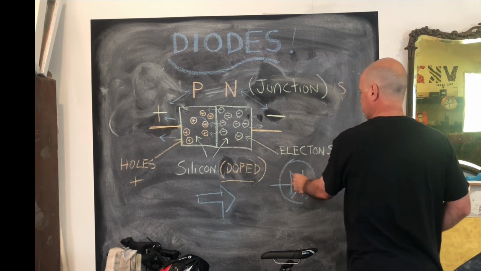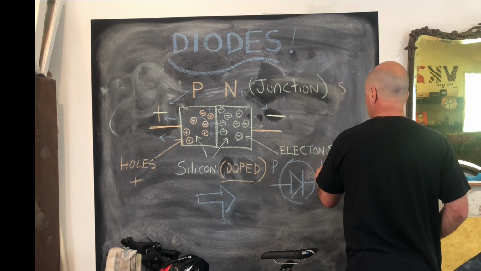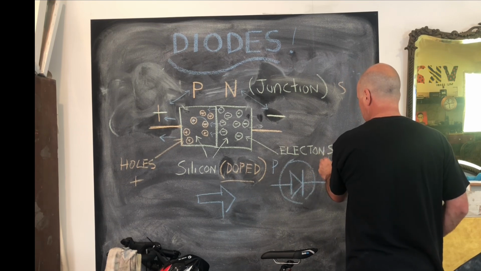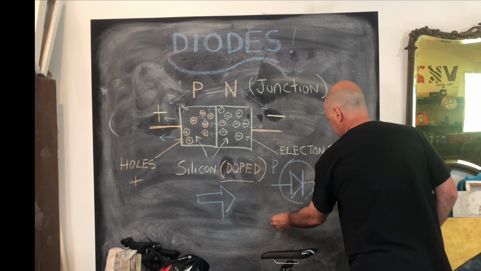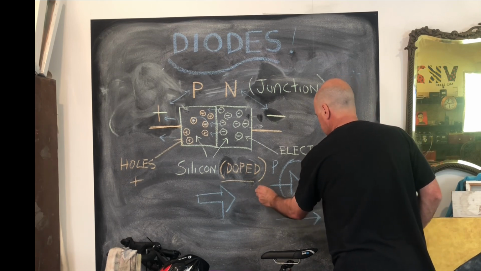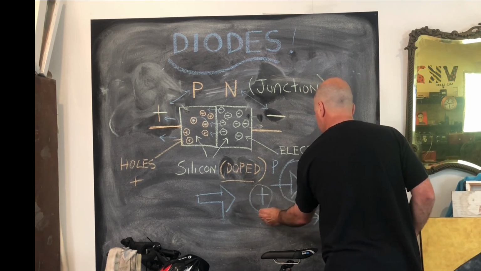So this is the equivalent of that. This side is the P side of the PN junction. This is N, and our conventional current is flowing in this direction when we polarize it correctly, positive on this side, negative on that side.